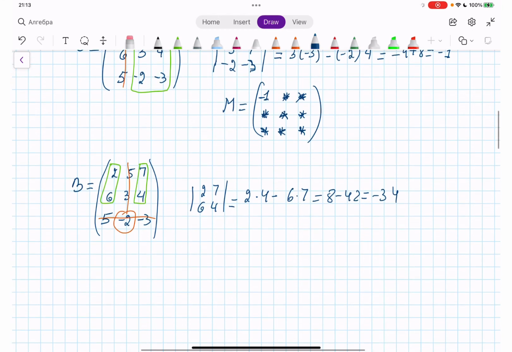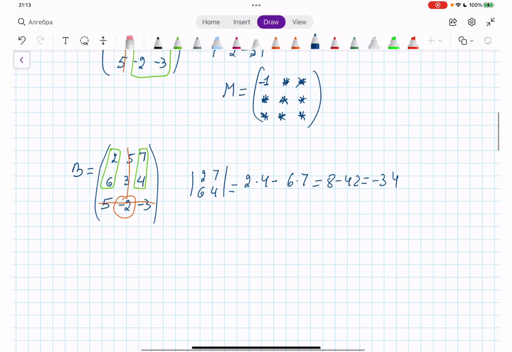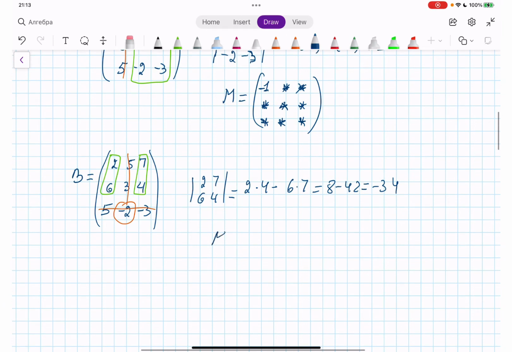And that number will come where the position of negative 2 is. So M is equal to negative 1, star, star, and here I place negative 34 in the position where negative 2 is.